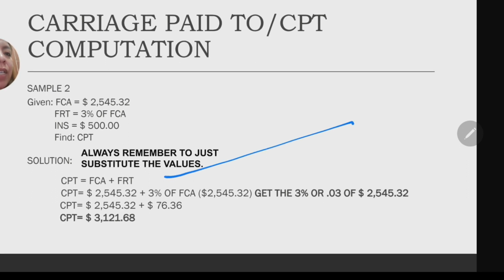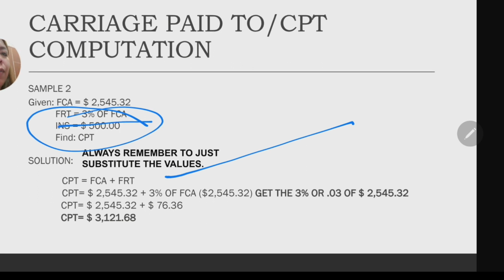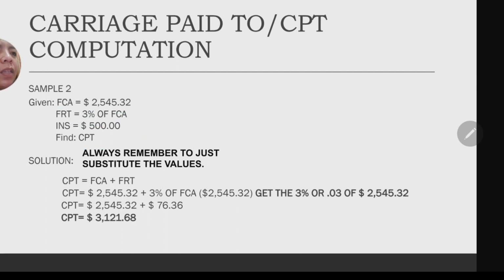The formula is FCA plus freight, but you notice that there is an insurance given. If there is an insurance given for the computation of your CPT, we just ignore the value of the insurance, because we do not need it in the CPT computation. There is a given FCA, and the formula is FCA plus freight only.